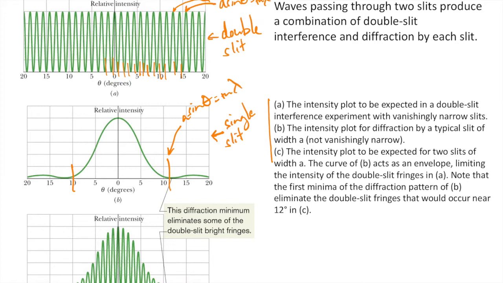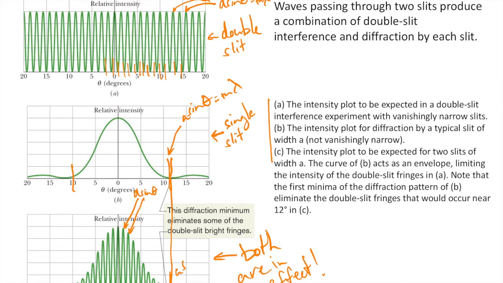And if we combine them, so both the interference and the diffraction are in effect, then we get, again, these bright spots related to d sine theta, and we get minima related to a sine theta. And so you can see it's almost like an envelope.